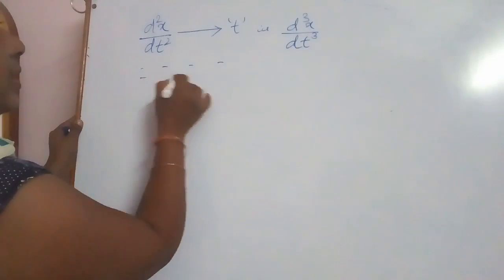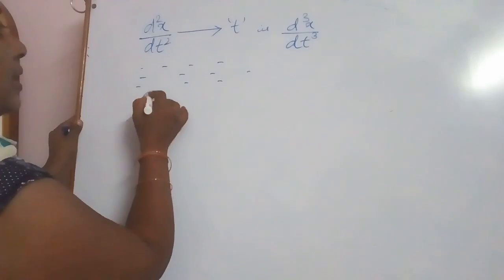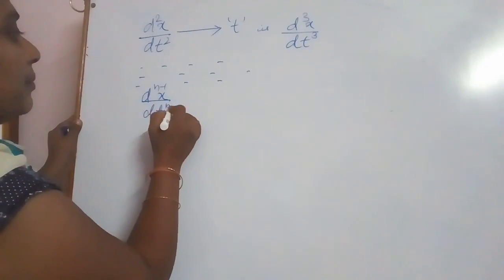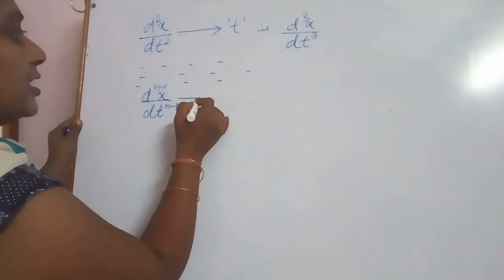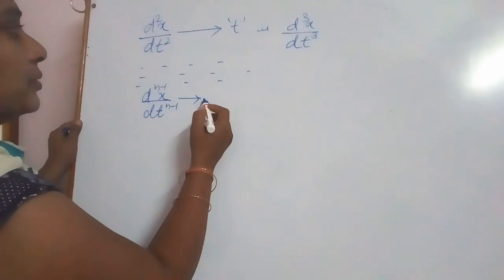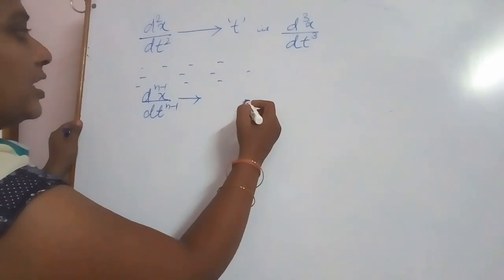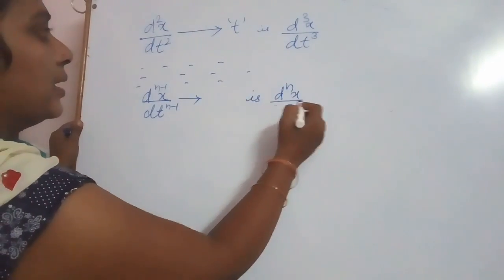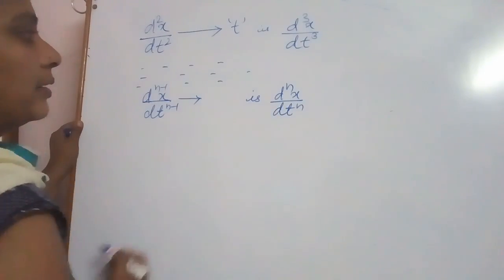In the same way, when d power n minus 1 x by dt power n minus 1 changes with respect to t, the rate of change is d power n x by dt power n.